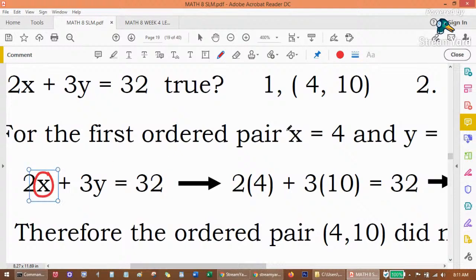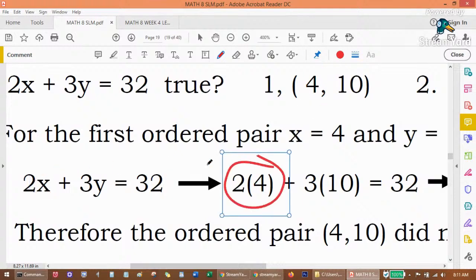So, itong x na to, papalitan natin ng 4. So, magiging 2 times 4. Ibig sabihin ng 2x is 2 times x. So, pag pinalitan natin to ng 4, magiging 2 times 4 plus 3y. Yung y natin is positive 10.